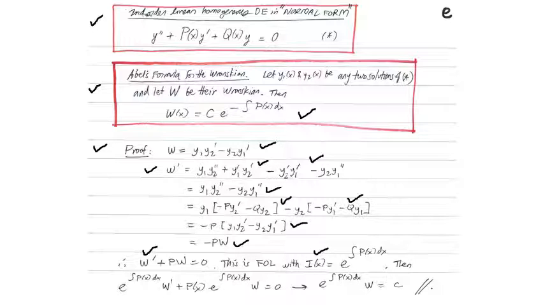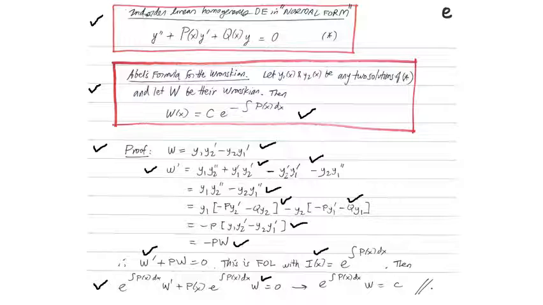The integrating factor is just e to the integral big P of x dx. We do the usual thing with that, multiply both sides of the differential equation by our integrating factor, and then once we do that, the left side of this equation just becomes the derivative of a product as usual.